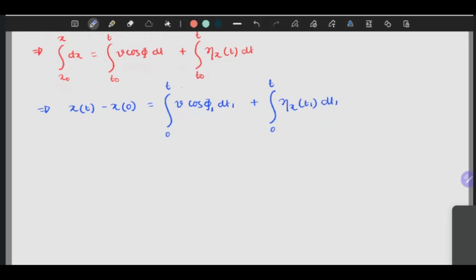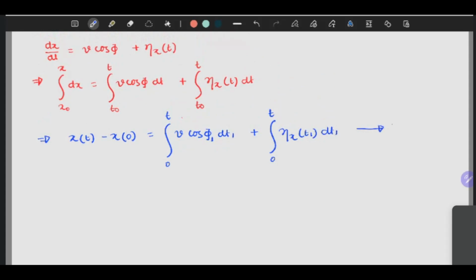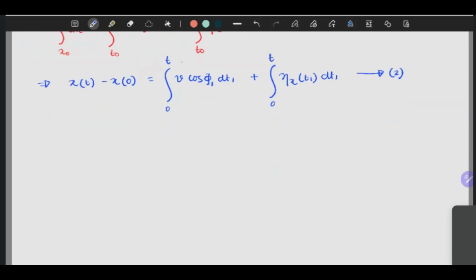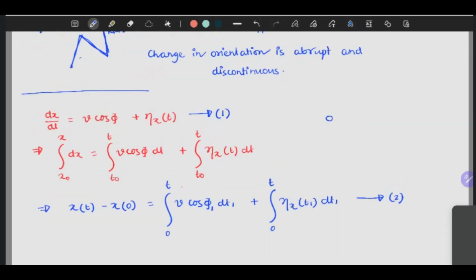So this is equation number 2, equation number 1. Basically what we are using is phi of t1 as phi 1 and phi of t2 as phi 2. We will use this nomenclature throughout this derivation. So now let me go into the details.